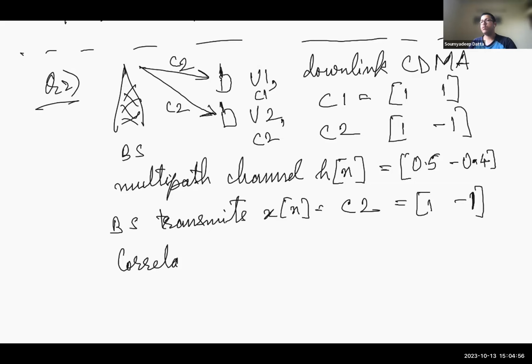Like you have no bound on interference. You can allow interference to go as high as possible, but even then you have a certain capacity. So what is that capacity? As far as problem solving is concerned, this is simple, the formula is there.